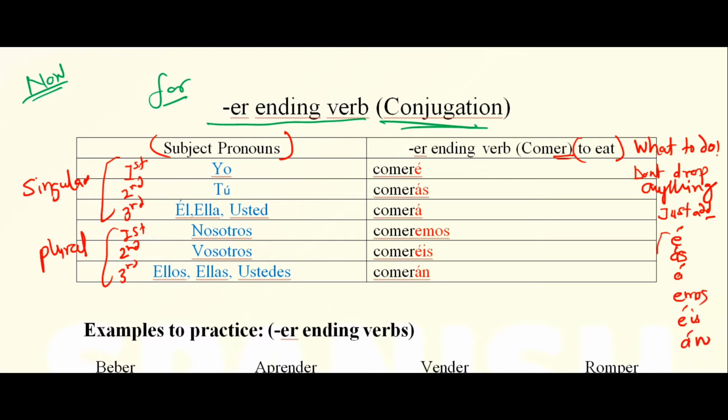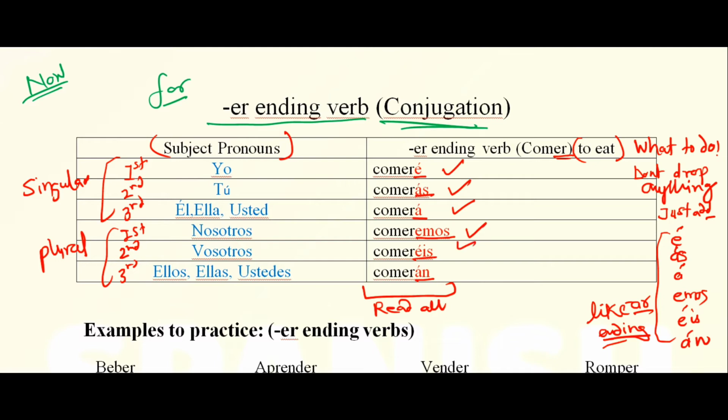Accent everywhere, but emos, there is no accent. So this suffix set is like the AR ending verbs. Now read. Comeré, comerás, comerá, comeremos, comeréis, comerán.